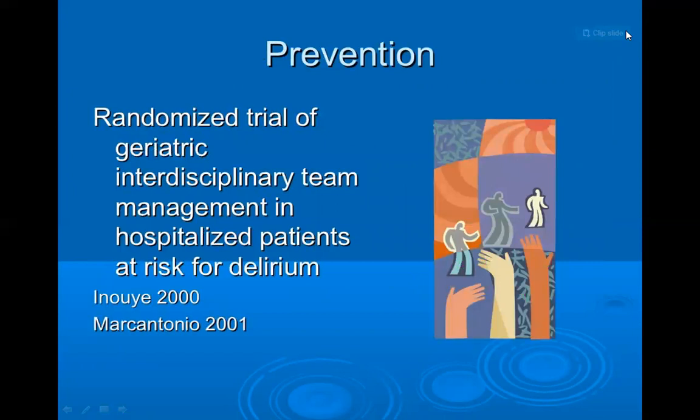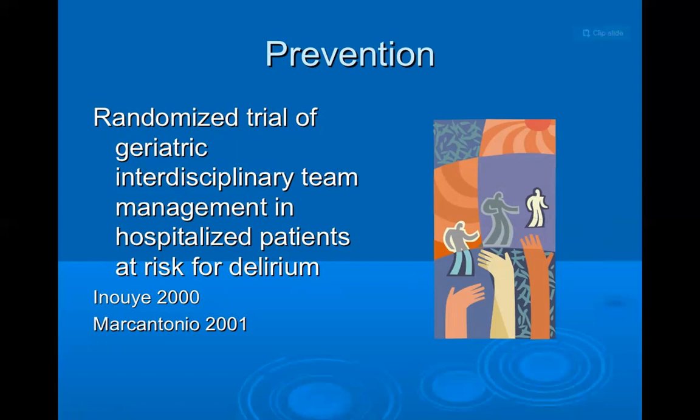Then what is the prevention? The prevention of delirium is a randomized trial of geriatric interdisciplinary team management in hospitalized patients at risk for delirium. So we have to provide proper management. If the patient is hospitalized, we have to see whether the patient is properly oriented or not.